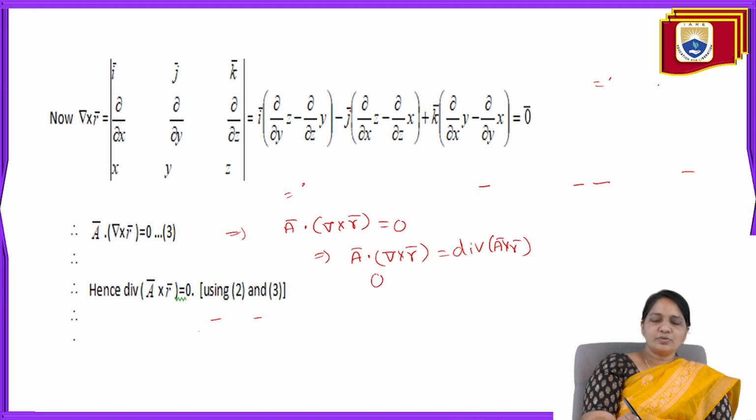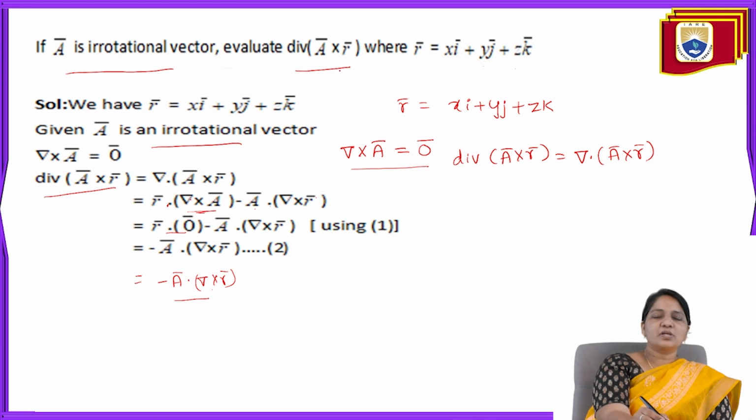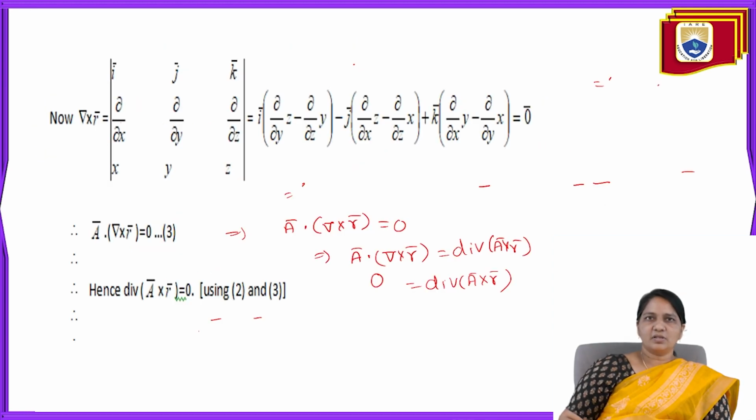So this is 0, which means the divergence of A bar cross R bar is also 0. So we can see here that the divergence of A bar cross R bar value is 0.